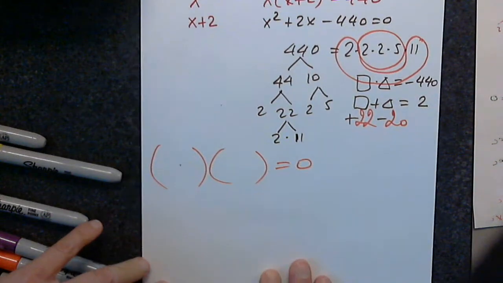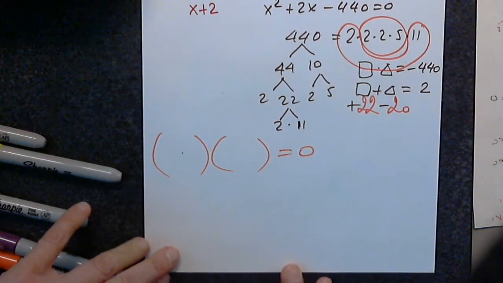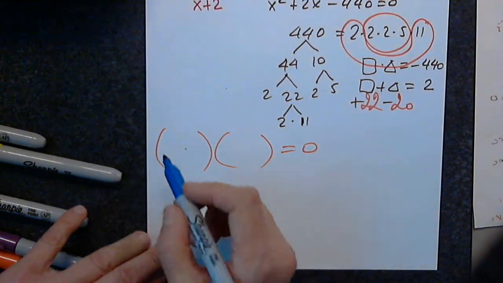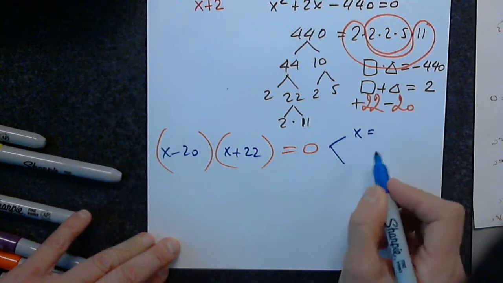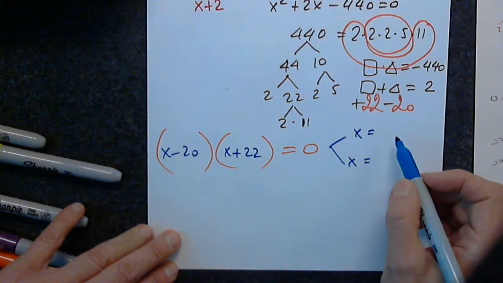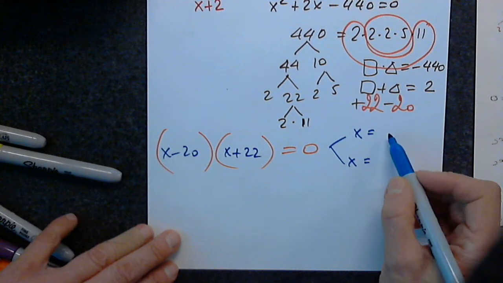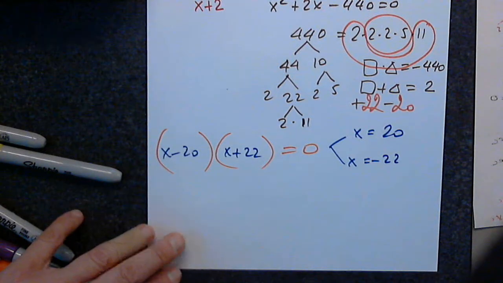So what is the factor form then? x minus 1 and x plus 20. So there are 2 options, x equals positive 20 and negative 22. Both algebraically are correct.